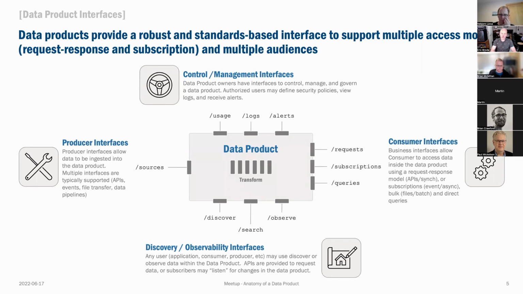And then discovery and observability. How do I actually see what's in the data product, discover how it can be accessed through search, for example, and how do I observe the mechanics of the actual data product? So those are a few of the things that I see as core interfaces.